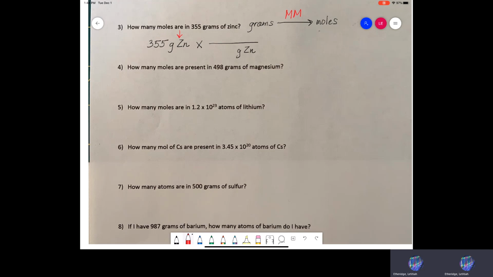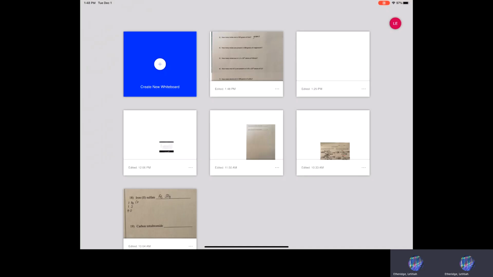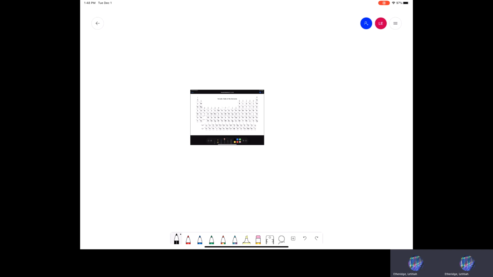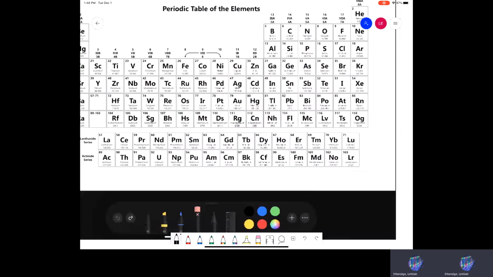So up here, it is in the numerator. For it to cancel, you need it in the denominator. Okay, it should be a common theme that you guys are going to see. So if you have grams of zinc, right, you know that moles of zinc is going to be on the top.